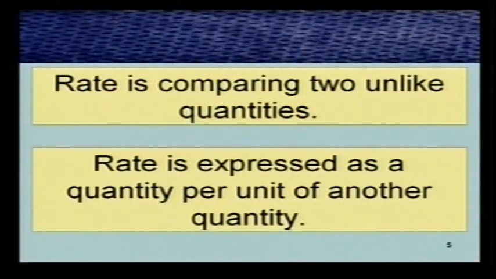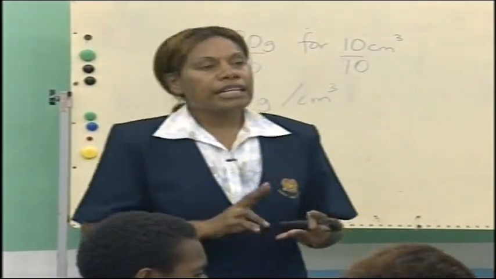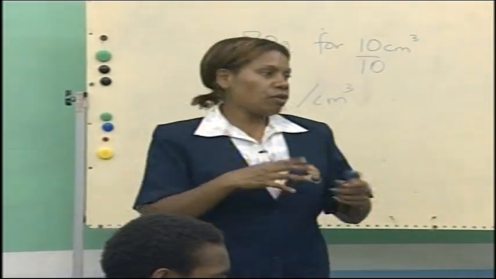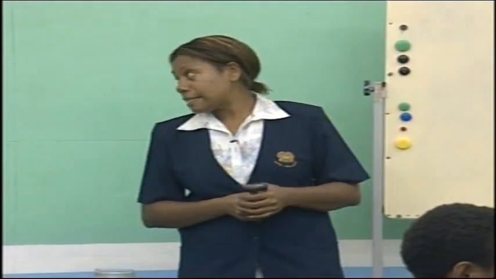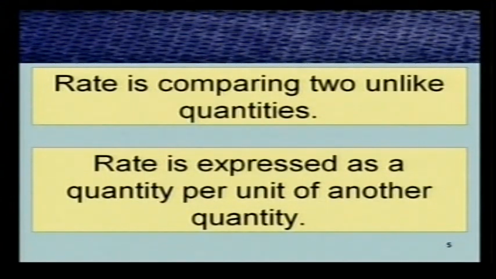All right, kina per kilogram. Okay, so you are comparing two unlike quantities. Now again, rate is expressed as a quantity per unit of another quantity. Okay, class?